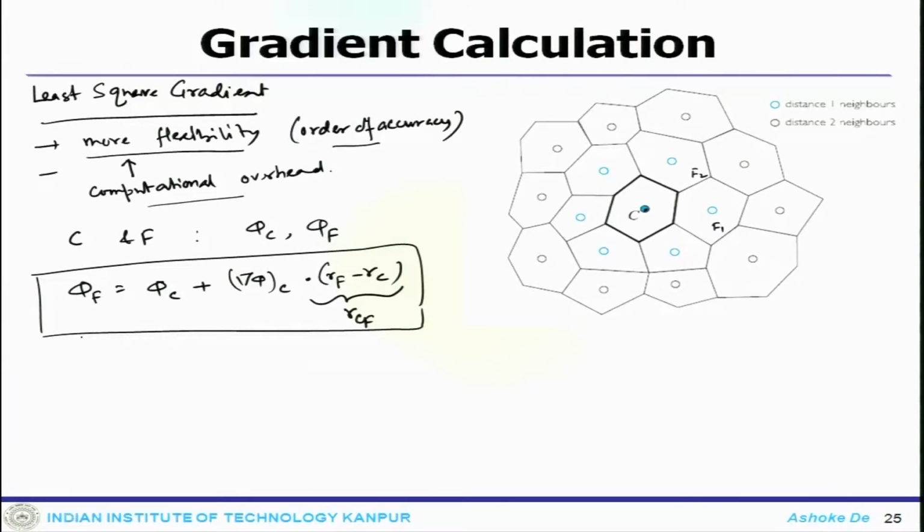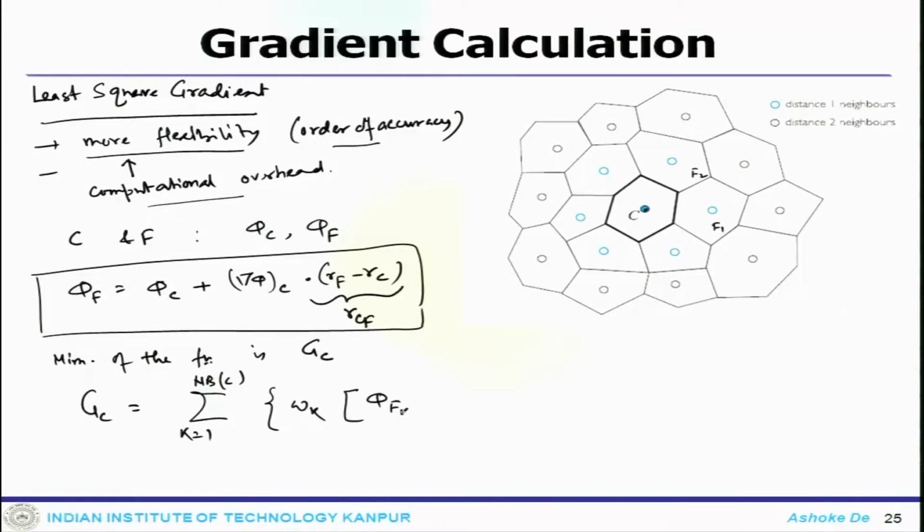Let us find the minimum of the function GC, which can be defined as summation k equals 1 to NBC of weight factor Wk times (phi Fk minus (phi C plus delta phi C dot RCFK)), all squared.